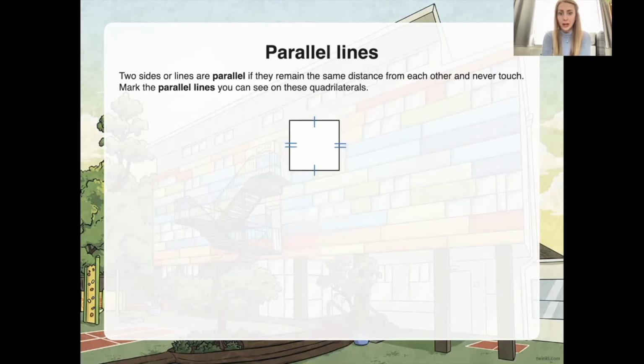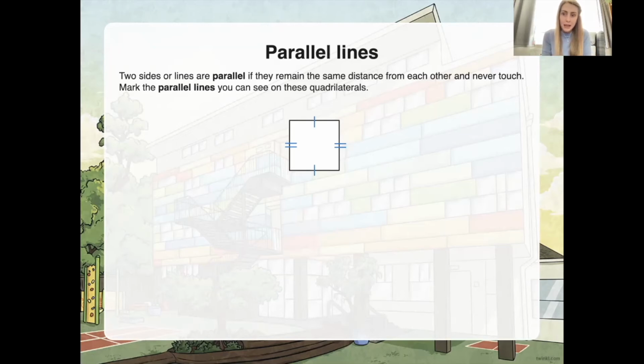This is also a quadrilateral. It has got two horizontal lines that are parallel to one another, and it has two vertical lines that are parallel to one another. And you can see there that the first set of parallel lines have been marked with one line. They are a pair. They are the first pair of parallel lines. And then the second pair have been marked with two lines because they are the second pair of parallel lines.